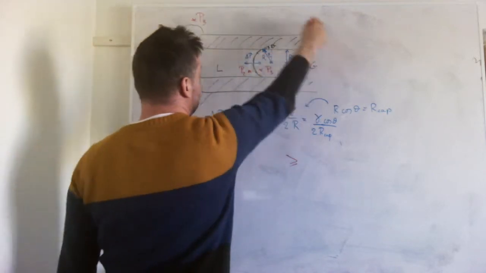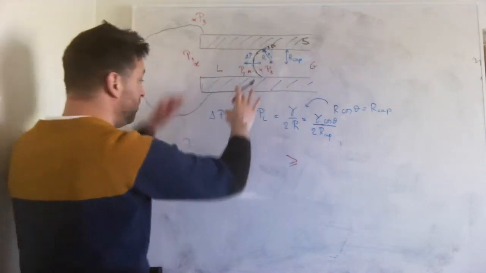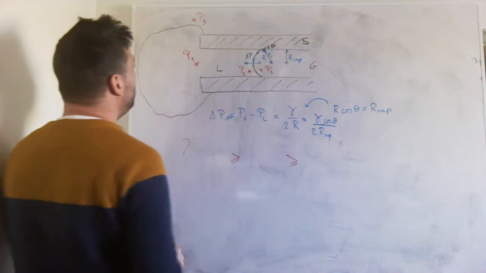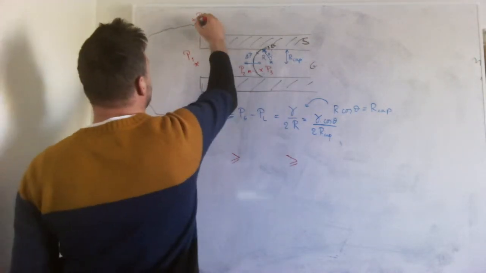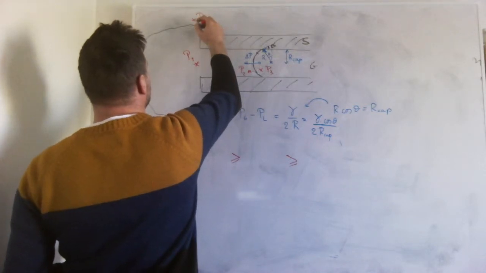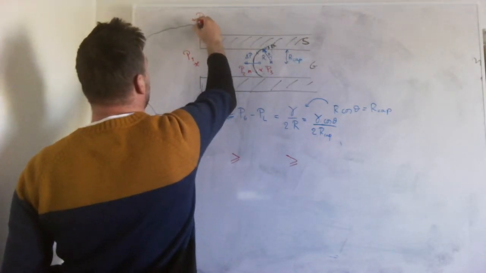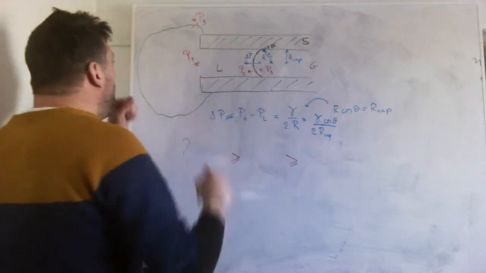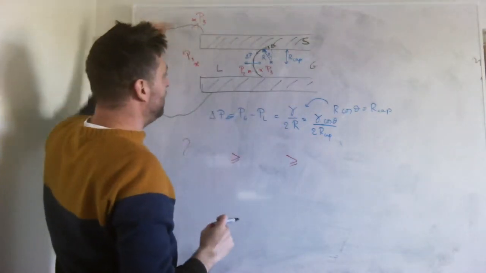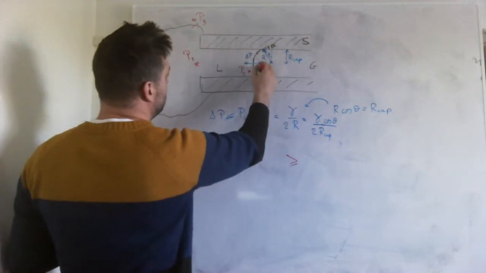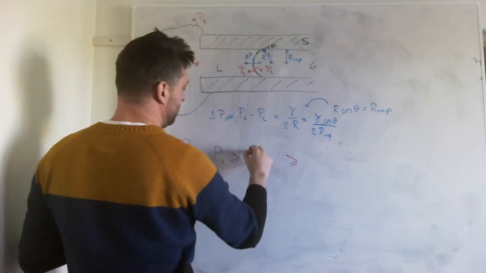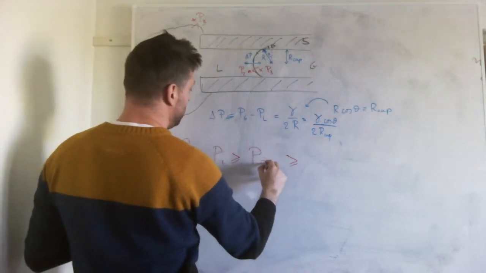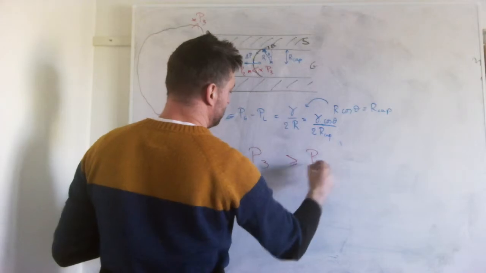This is an atmospheric system, these are connected, they're more or less at the same height. And I know there's some curvature here, but it's a very weak curvature. But still, because it's on the hollow side, P1 must be slightly larger than P3, because this curvature is very low. And P3 must be larger than P2. So P1 must be larger than P3, which must be larger than P2.